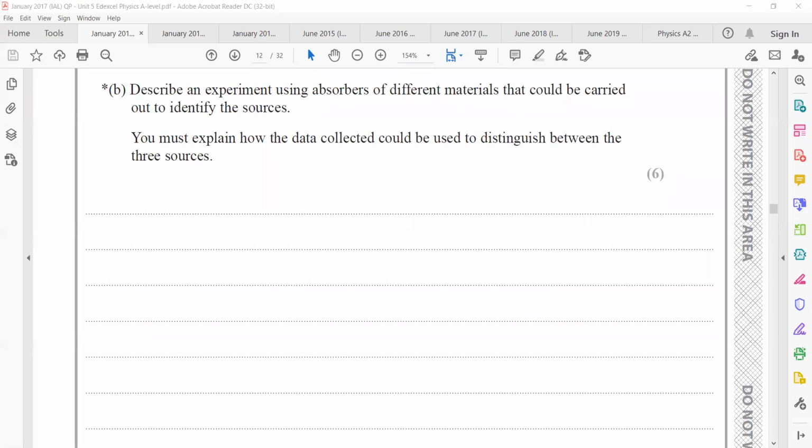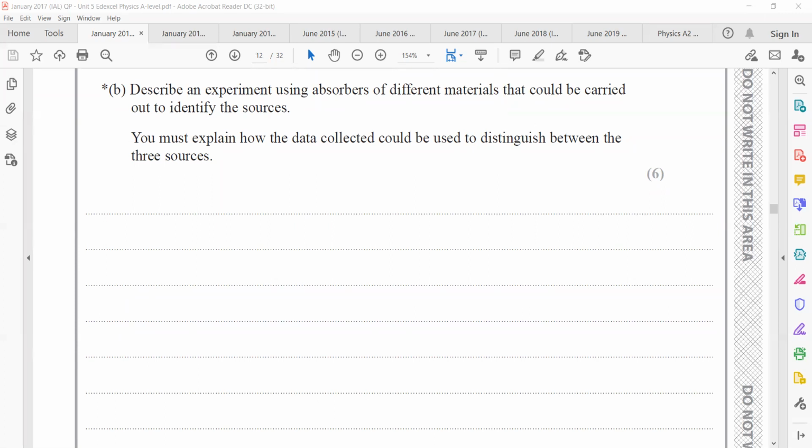Using the background radiation, we can make an origin and work out that if we place a paper and the radiation reduced to background, it means that will be alpha. When we place an aluminum foil and radiation reduced to background, it means that will be beta. And if we place a lead and radiation reduced to background or decrease, then it will be a gamma source.